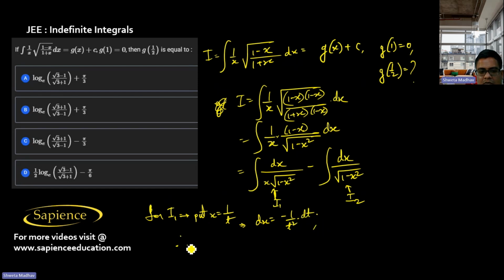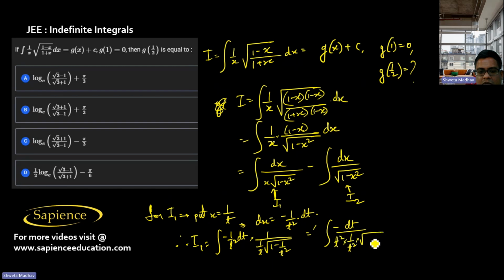So then I1 will be equal to integral minus 1 by t square dt into 1 by t root over 1 minus 1 by t square. So again 1 by t I can take outside. So that is integral minus dt by t square into 1 by t square root over t square minus 1. T square will cancel. So that is minus integral dt by root over t square minus 1.